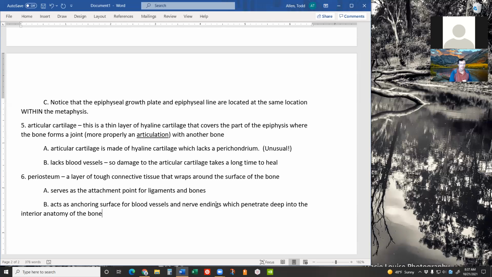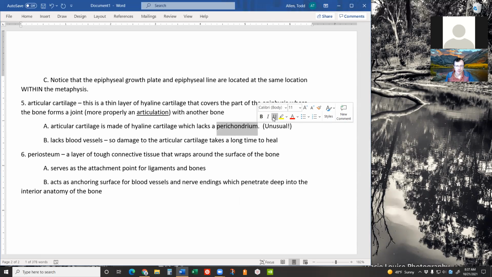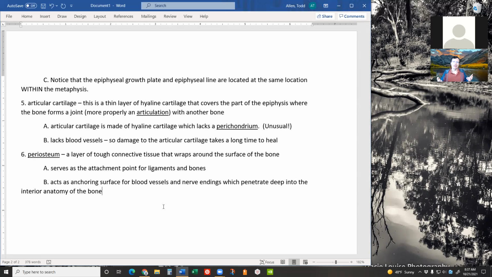So now we have two P terms. By P terms, I mean we have two words that start with the letter P that are often confused by students: perichondrium and periosteum. So let me give you just a little bit here to help you distinguish these two words that start with the letter P. Okay, so perichondrium, periosteum, they seem like they could be the same thing.